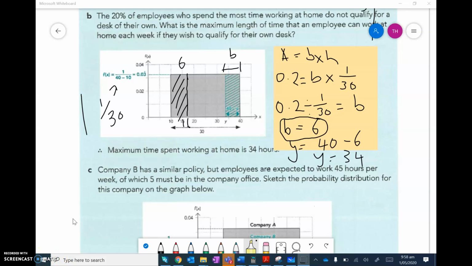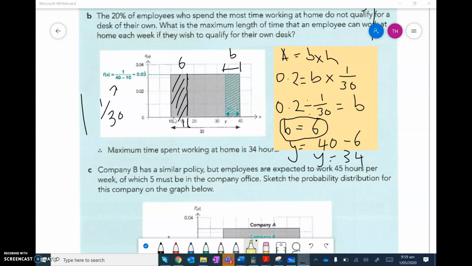Okay, what I think the actual answer should be is this here. B is equal to 6 is still important because that still represents 20% of my distribution. But actually, I'm looking for this value here, the 16, because these people are only spending 10 hours in the office, the minimum.